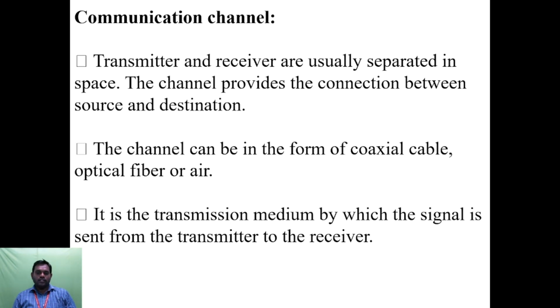The wired channel uses coaxial cable or optical fiber cable. In wireless channel communication, such as mobile or satellite communication, we use radio frequency signals with air as the medium.